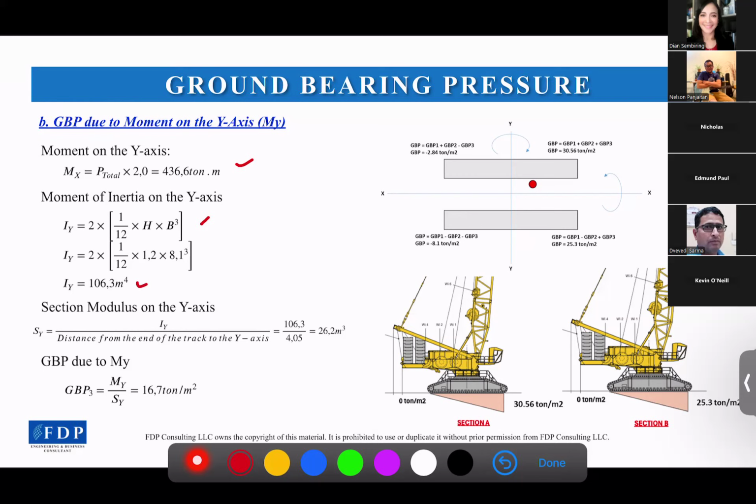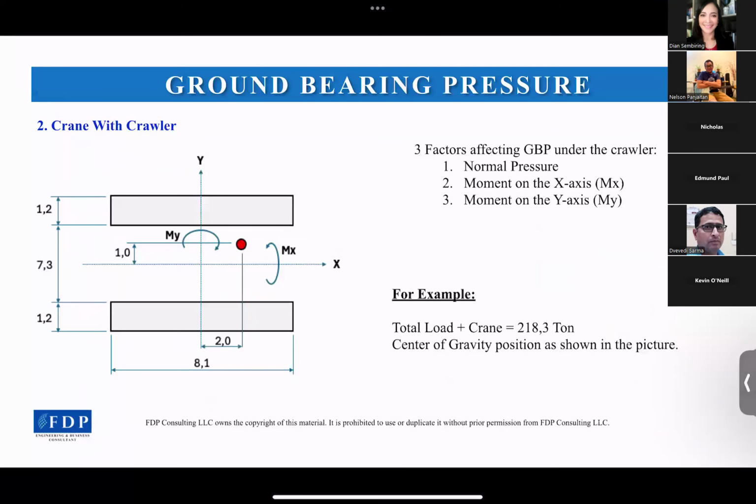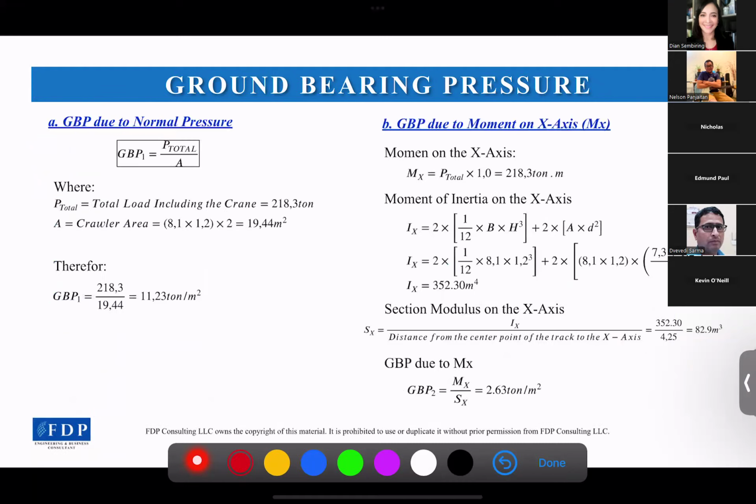And for the section modulus, the moment of inertia will be divided by the distance from the end of the track to the y-axis. So it will be this, 8.1 divided by 2.